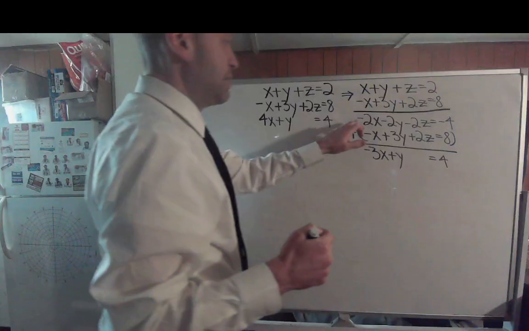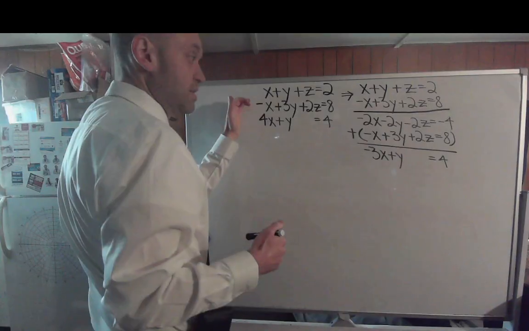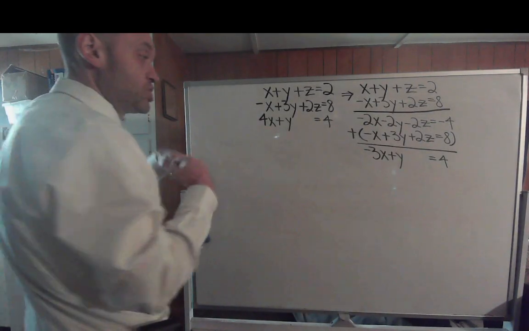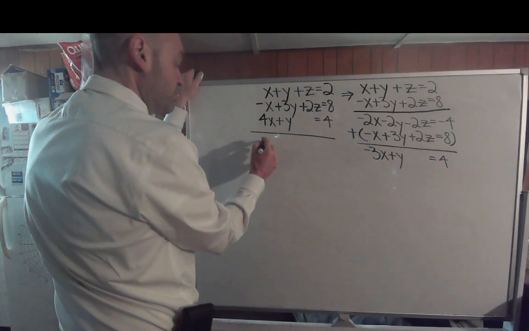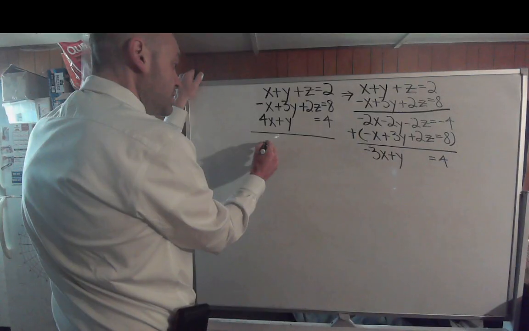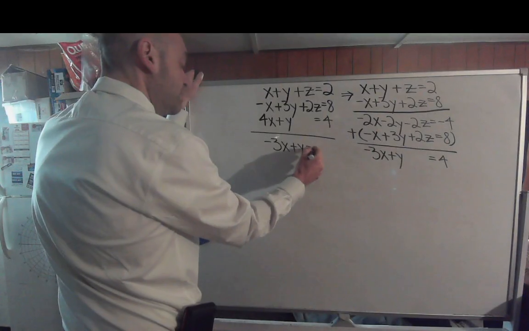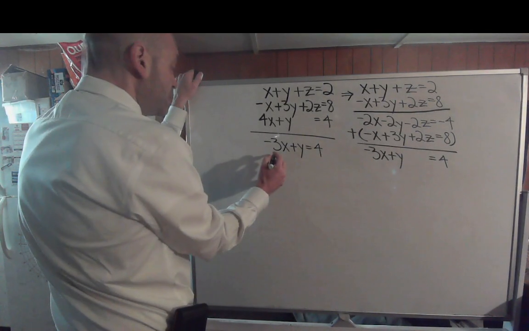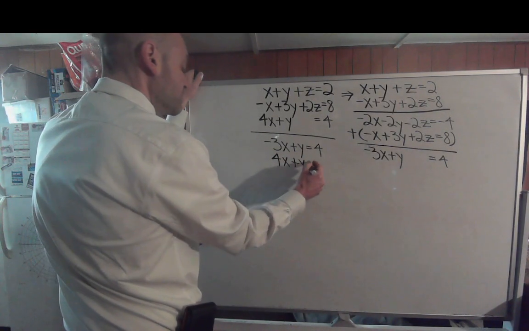Now out of the combination of these first two equations being manipulated, we can add that to the third equation and eliminate one of the other variables. So you're going to have negative 3x plus y equals 4. Then you're going to have 4x plus y equals 4.